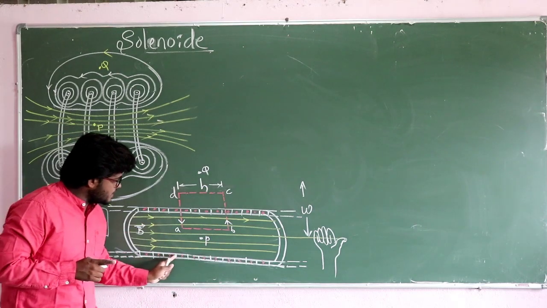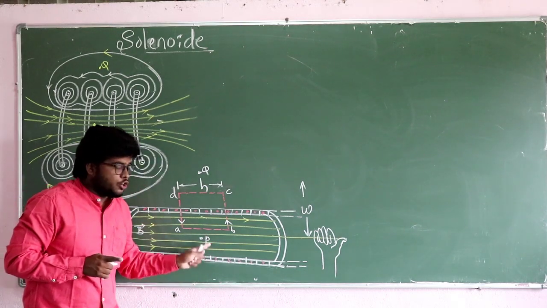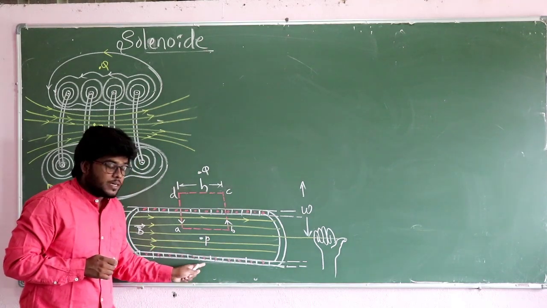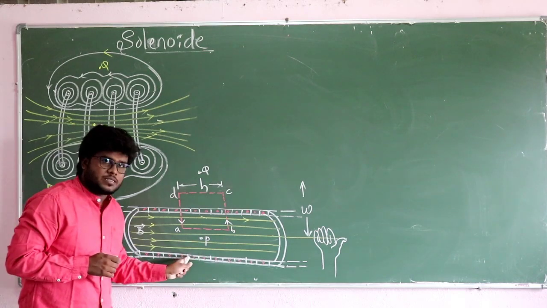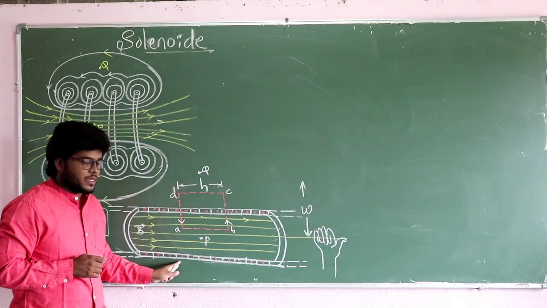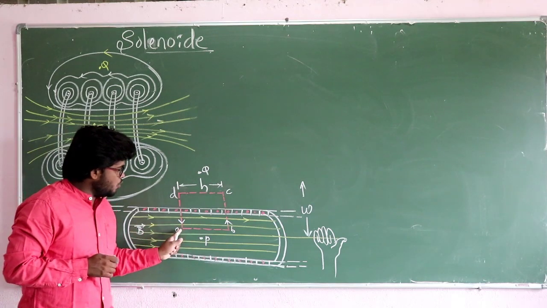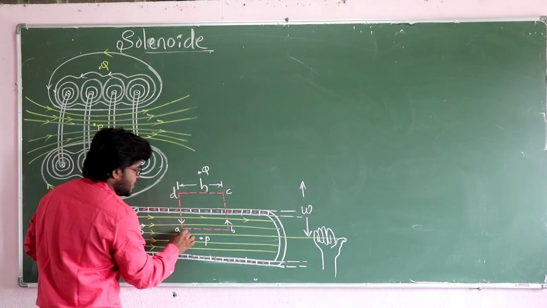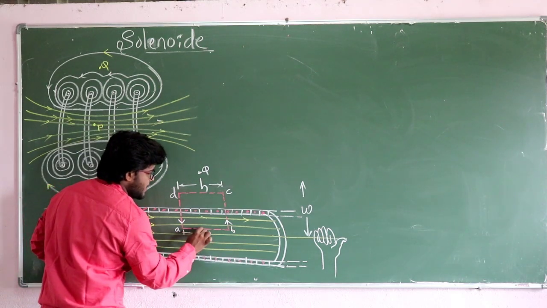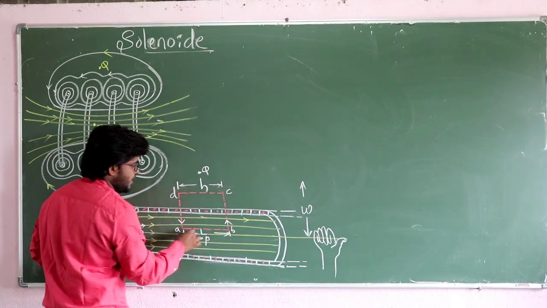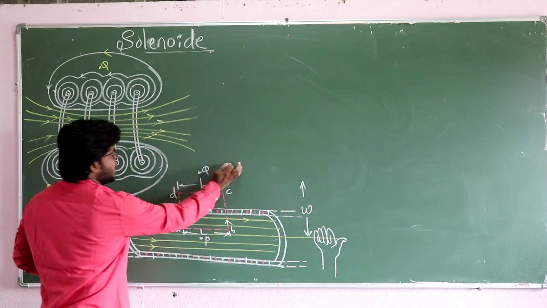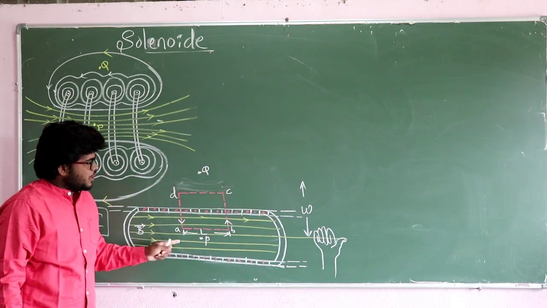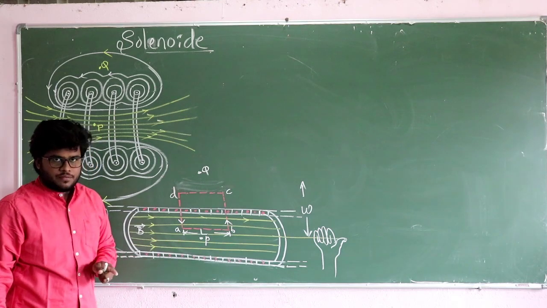And here cross marks indicate the direction of the magnetic field perpendicular to the plane of the paper and directing inwards. Okay, this is the Amperian loop ABCD, and the length of the Amperian loop is given by L. L is the length of the Amperian loop. Understood?